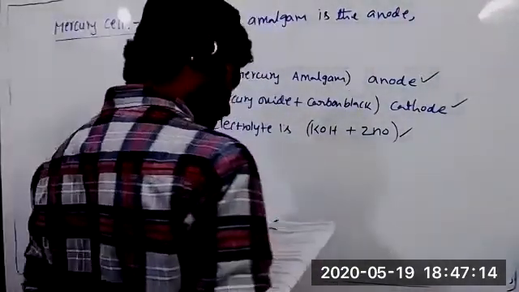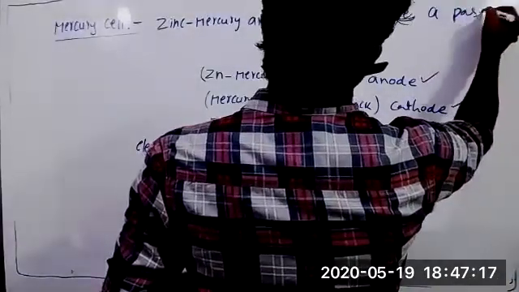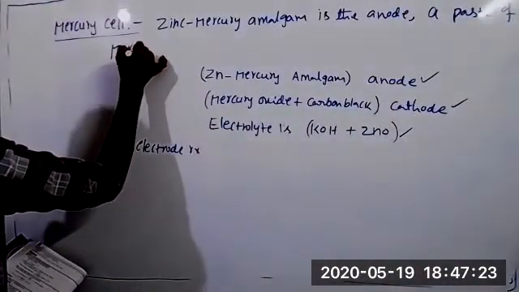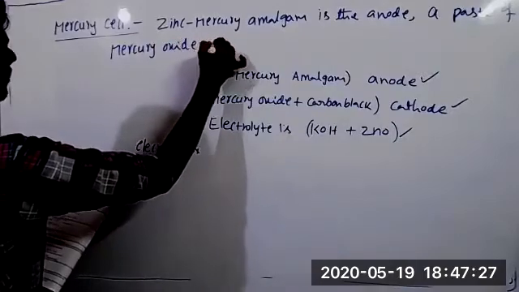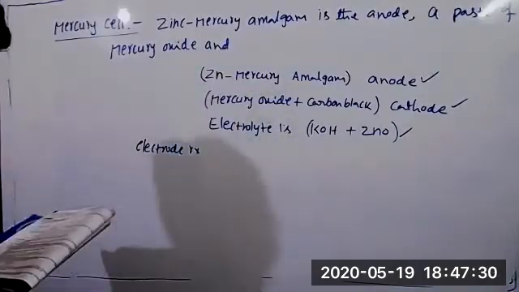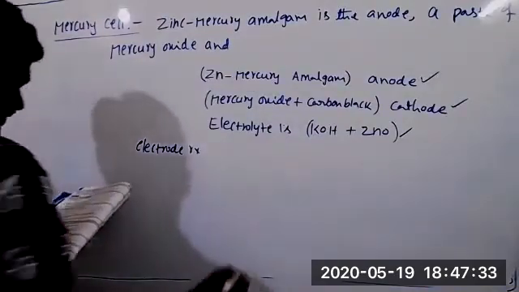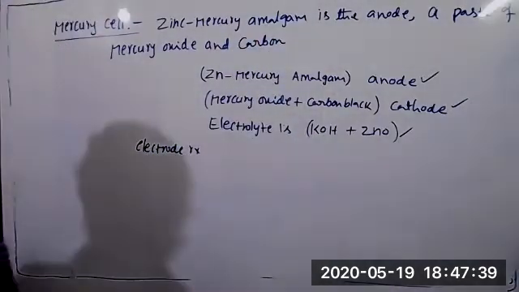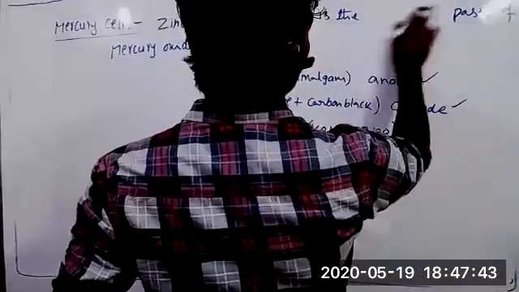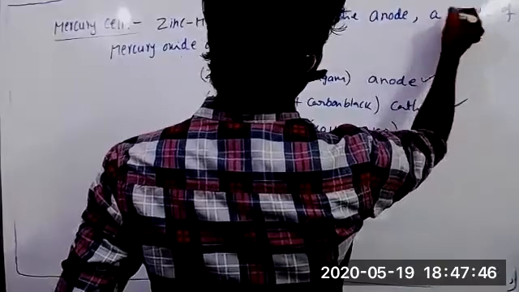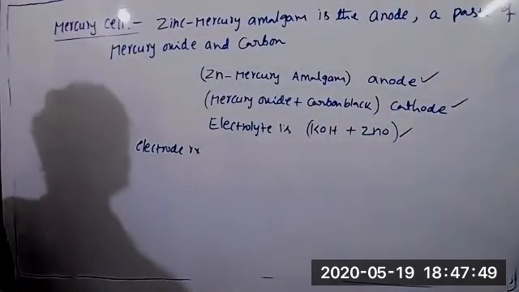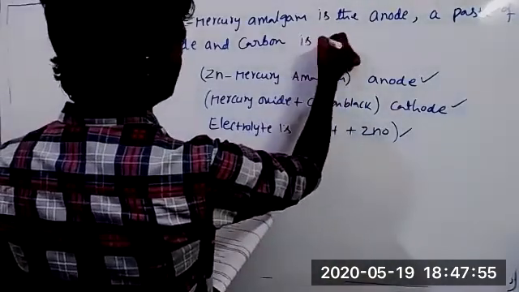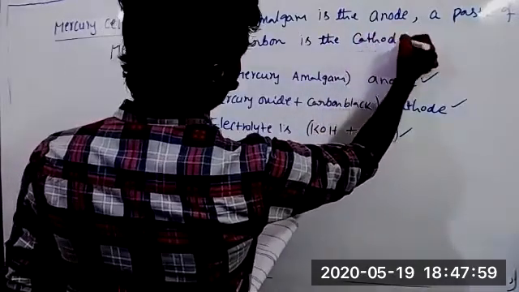A paste of mercury oxide and carbon is the cathode.